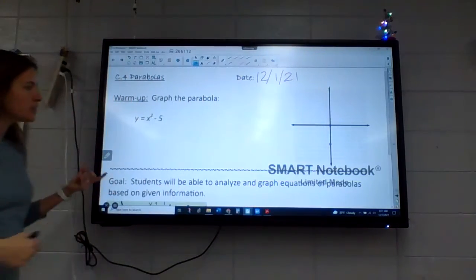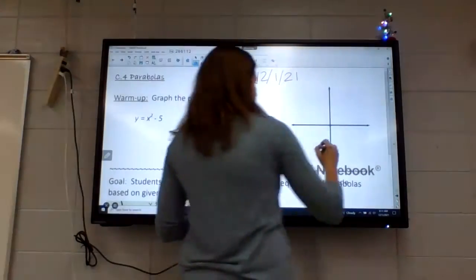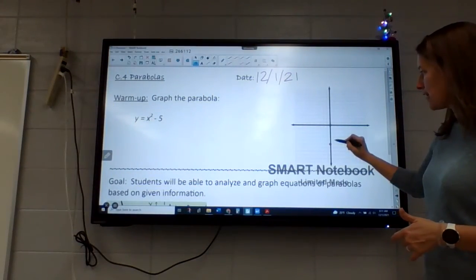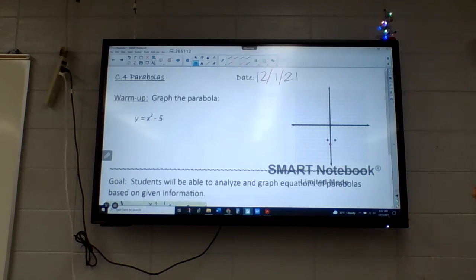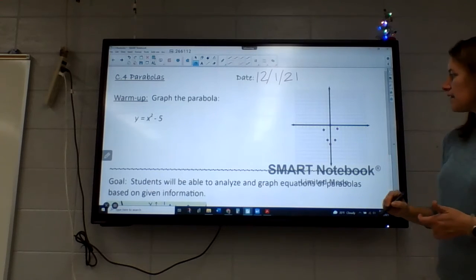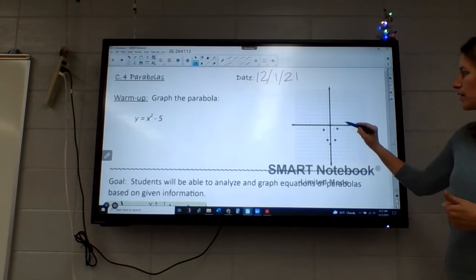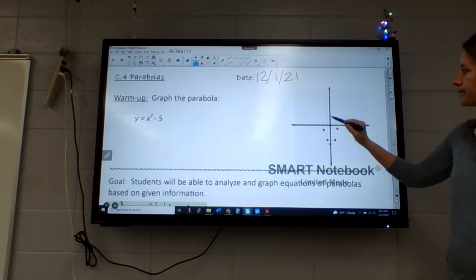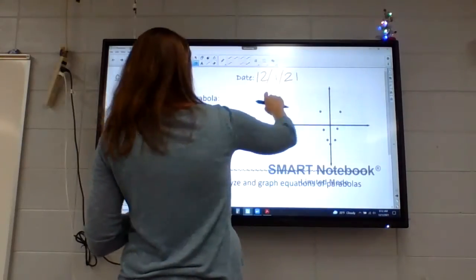Then 1 squared is 1, minus 5 is negative 4. The same thing happens on the other side because it has symmetry. Then 2 squared is 4, minus 5 is negative 1. And 3 squared is 9, minus 5 is 4. And so we have our parabola.